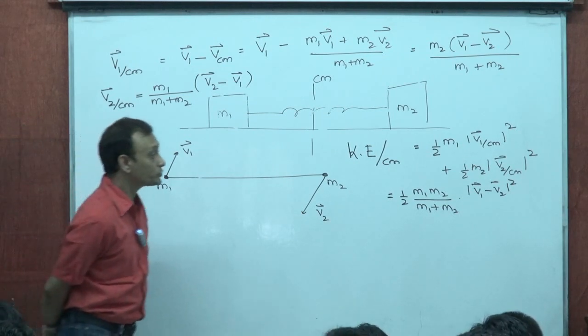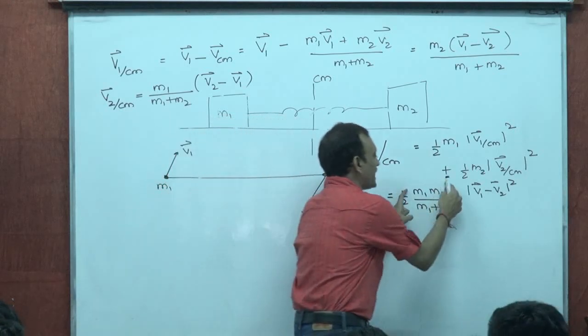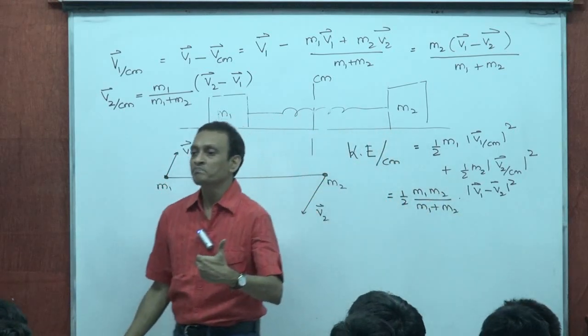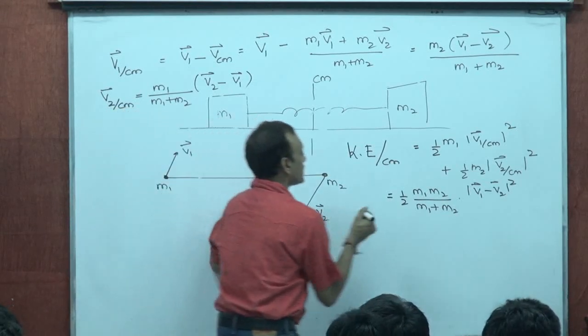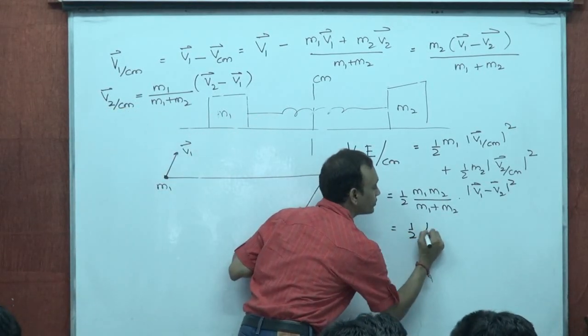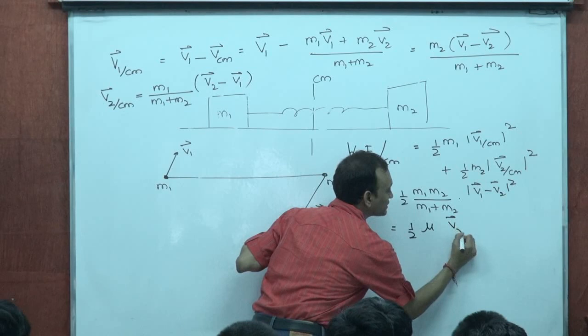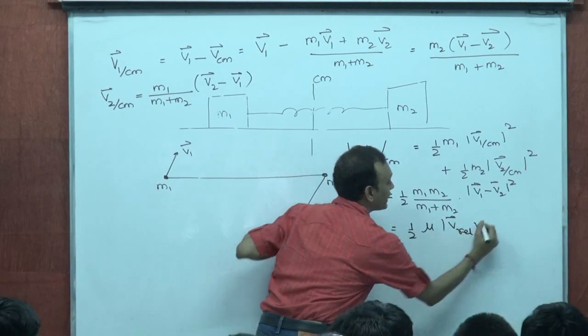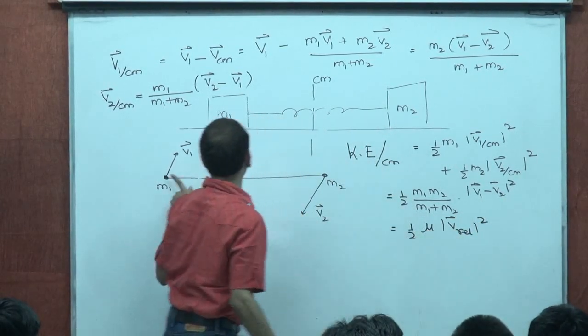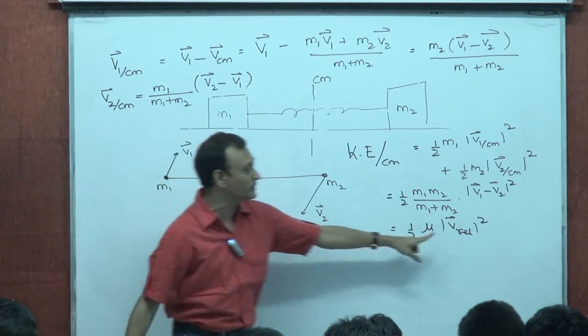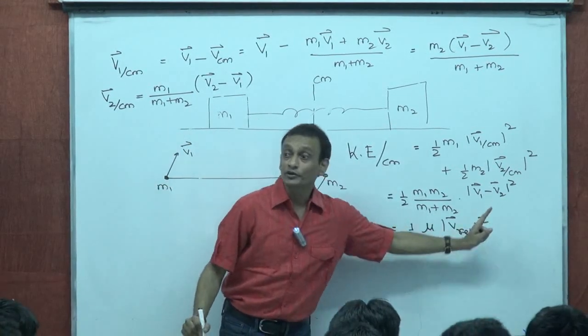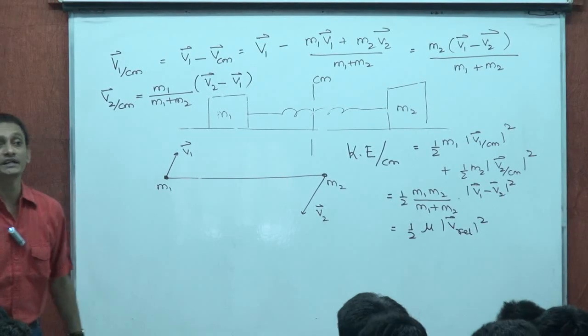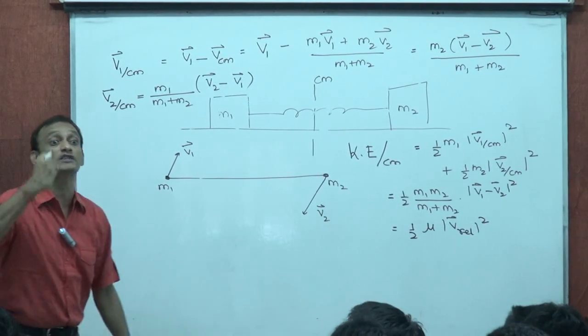You can check that out, right? But what's M1 M2 by M1 plus M2? The reduced mass of the system. And this is half mu magnitude of VREL squared. This is the relative velocity between the two particles. So that's the kinetic energy of a two-particle system in the center of mass frame.